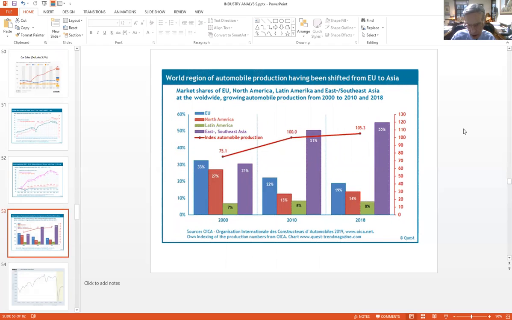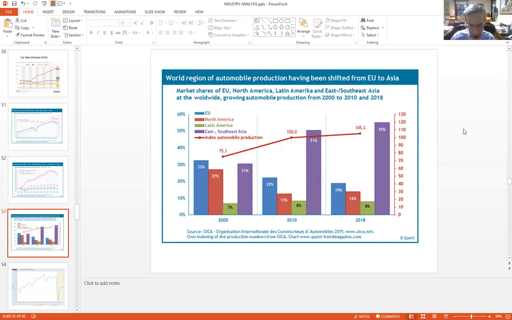And here is a way of looking at auto production differences between parts of the world. The purple bars are China and elsewhere in Asia, but you can see that they're growing pretty rapidly, and market shares for all of Asia are pretty high. Japan and China are both there, so no surprise.